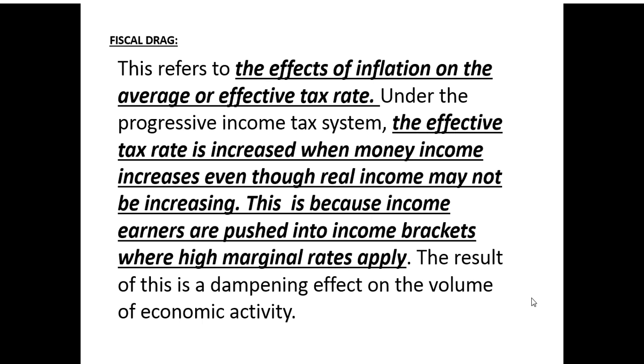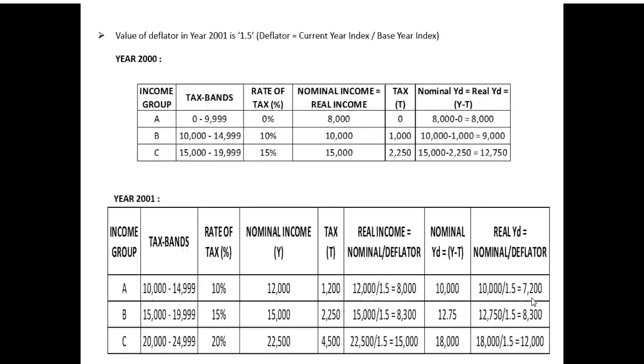The main thing in the fiscal drag is what we have seen in that table as well, that even though real income does not change, people still have to pay higher taxes because now they are in a higher tax bracket. Look at this table once again. Your real income was 8,000, and the real income is still 8,000.